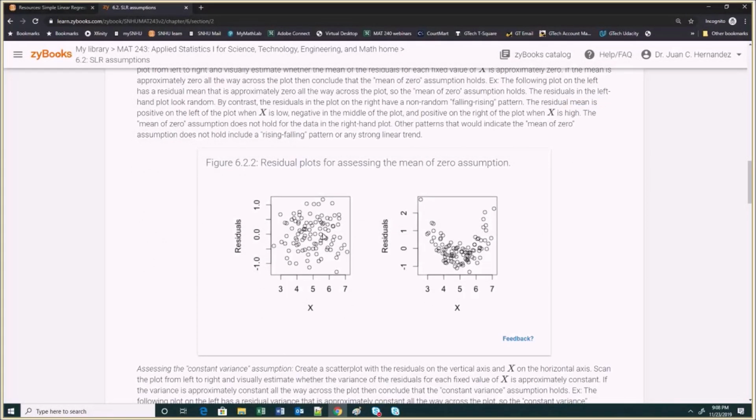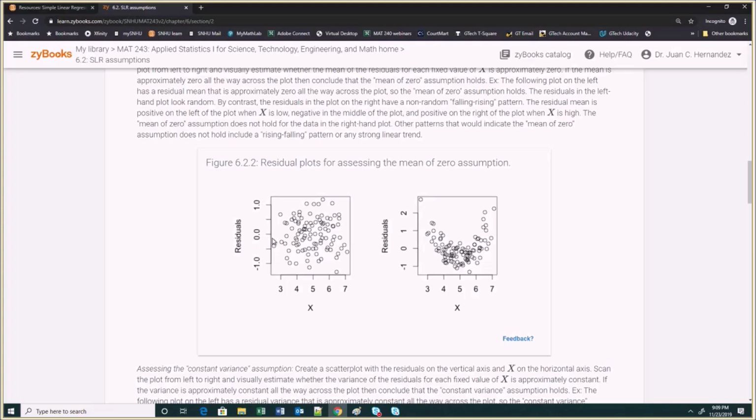Looking at the assumption of having a mean of 0, on the graph on the left we're looking at the residuals, which are nothing more than the errors, and you see that the same number of values are distributed above 0 as well as below 0.